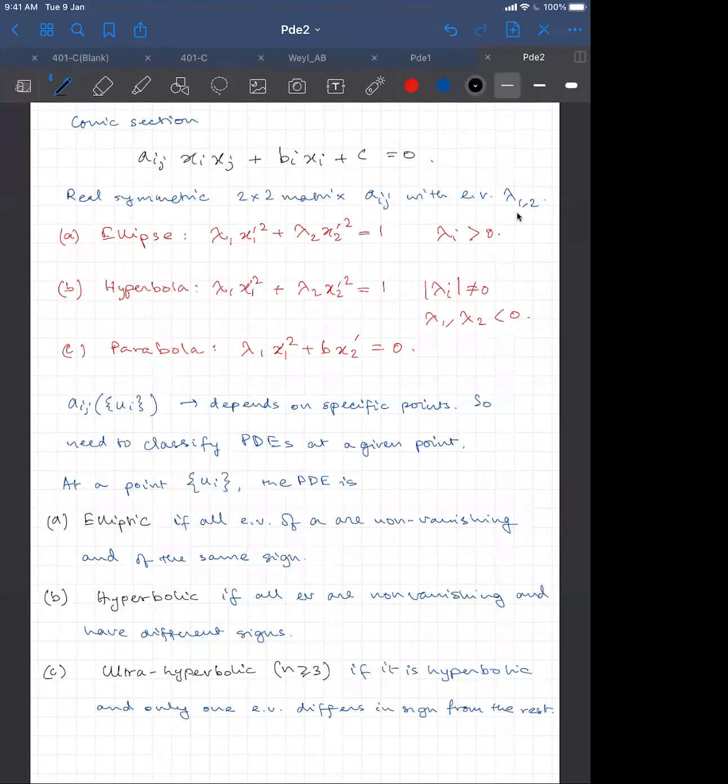And ultimately, parabolic if at least one eigenvalue vanishes.